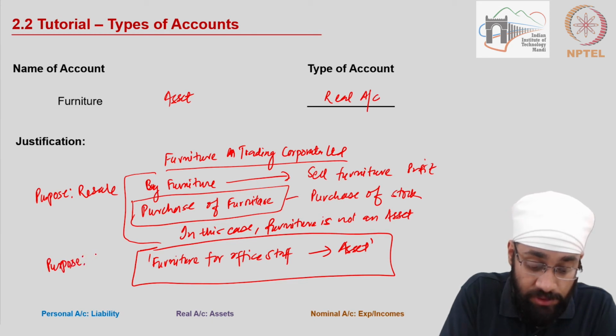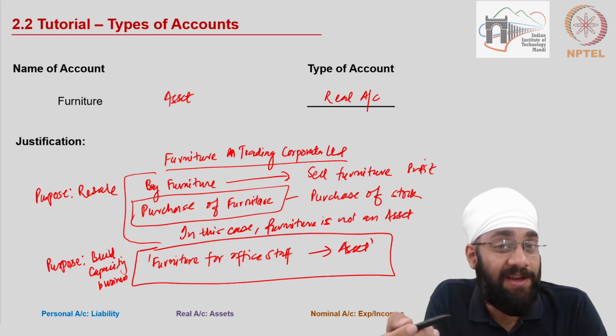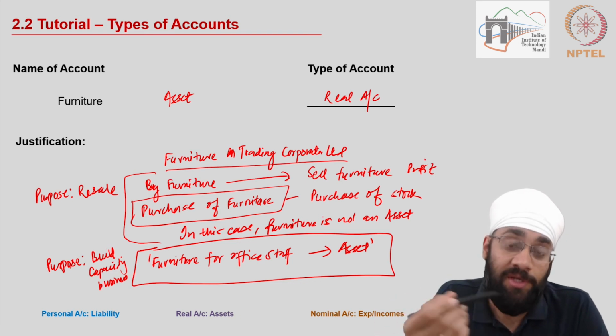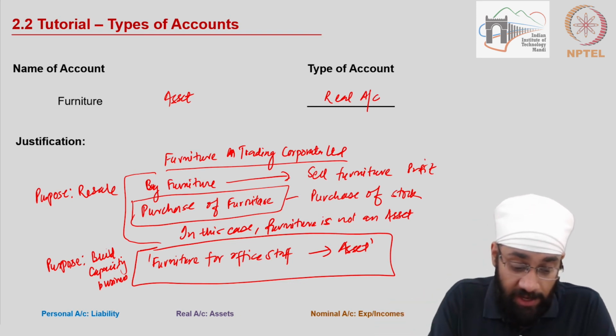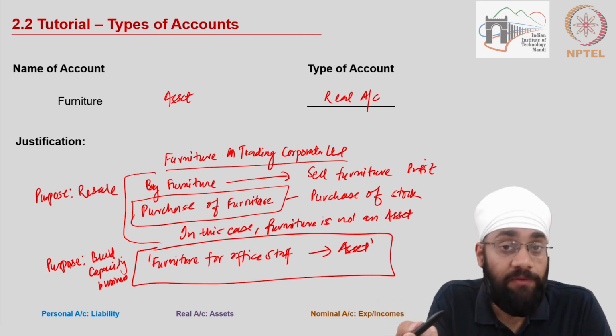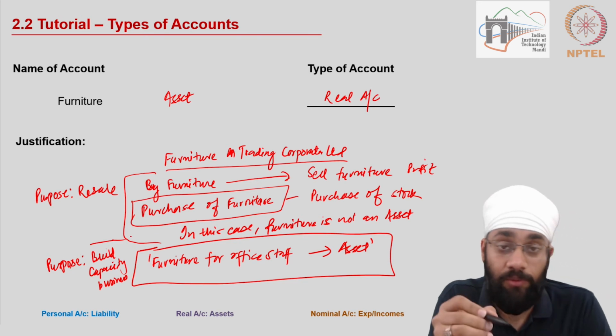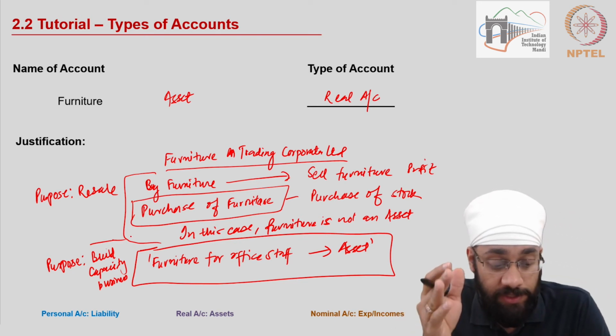The purpose is to build capacity in the business. And I keep on saying capacity, I'm referring to revenue generation. You're not going to resell it. It's going to help you run operations efficiently, effectively, and hence you call it an asset. So be mindful of this distinction that you may need to make from time to time, from case to case.